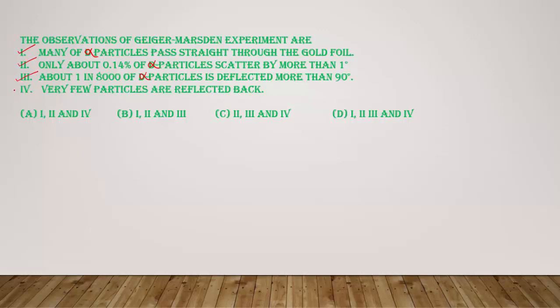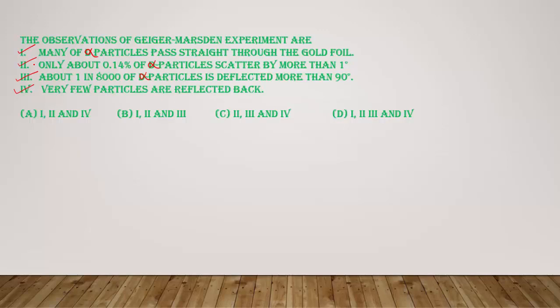Already I have studied the Rutherford alpha ray scattering experiment. The alpha source was placed in a lead cavity. It emits certain radiations, and those radiations are incident on a gold foil.